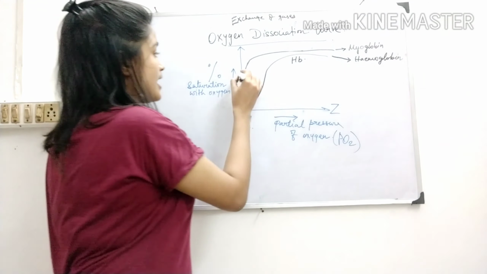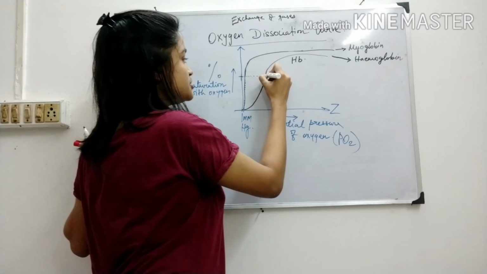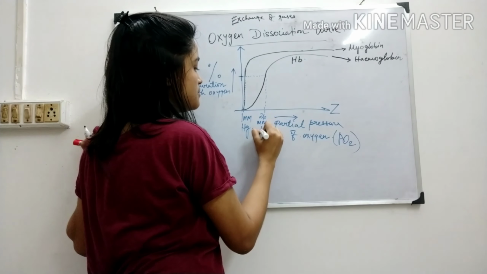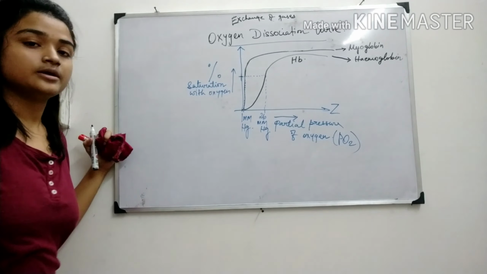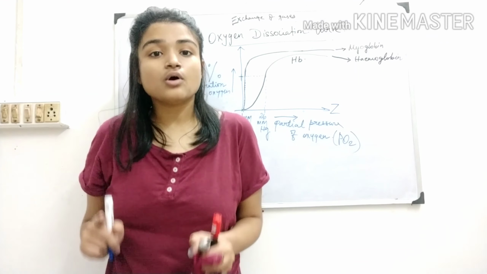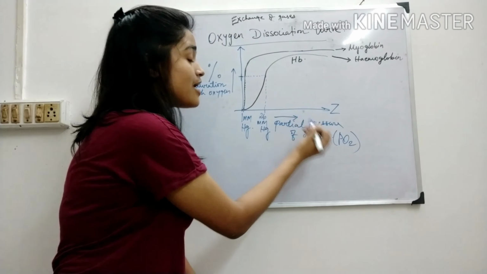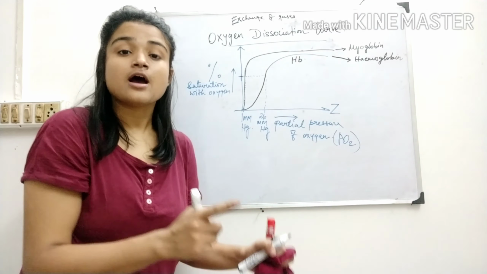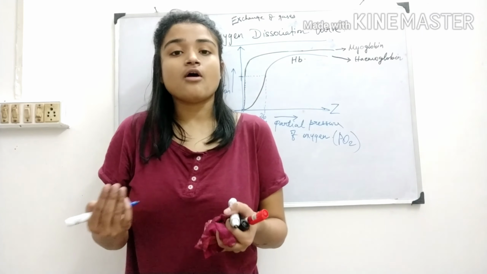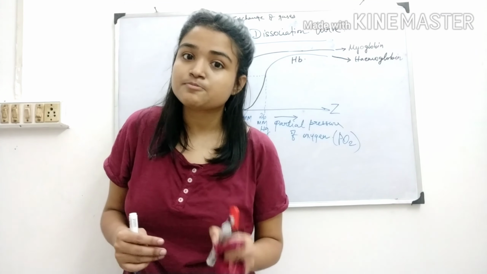At the same saturation, the partial pressure for hemoglobin is so high, around 26 millimeters of mercury. So from here it is clear that hemoglobin has lower affinity towards oxygen. That's why it requires a much higher partial pressure to get half saturated.